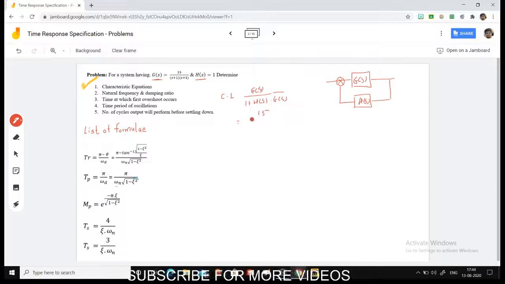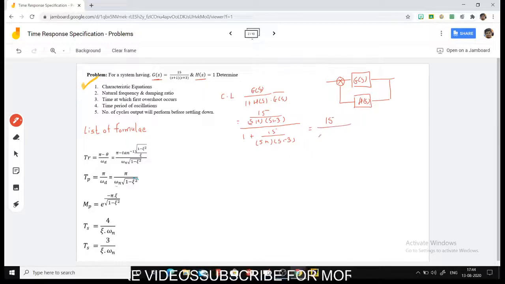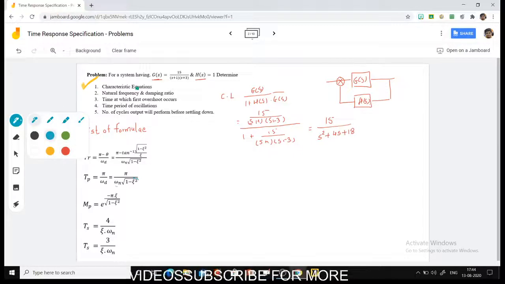Which is equal to 15 upon (s plus 1)(s plus 3) upon 1 plus 15 upon (s plus 1)(s plus 3). If you solve this, the final answer you will get is 15 upon s square plus 4s plus 18, and this gives you the first answer, the characteristic equation.